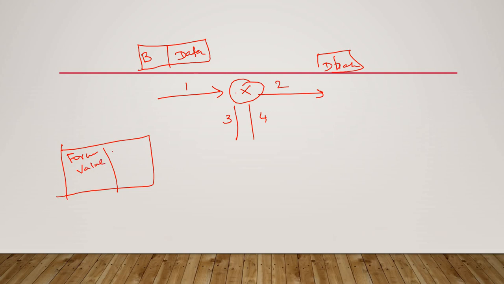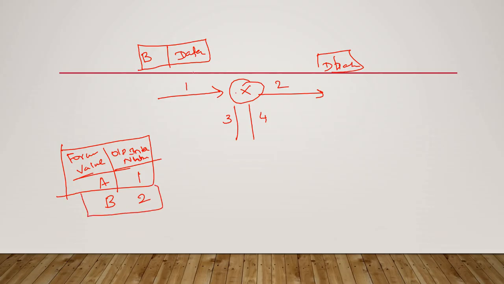Then the output information is your interface number, which is nothing but your network number, and that will be specified here. For example, the forwarding value is A and the network number is 1, and similarly the forwarding value is B and the network interface number is 2.